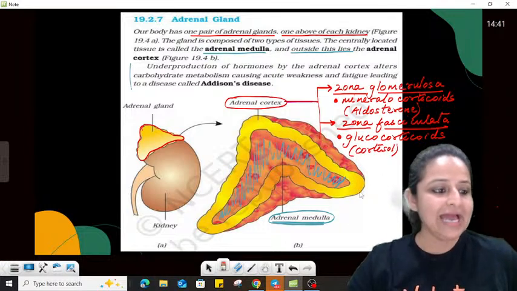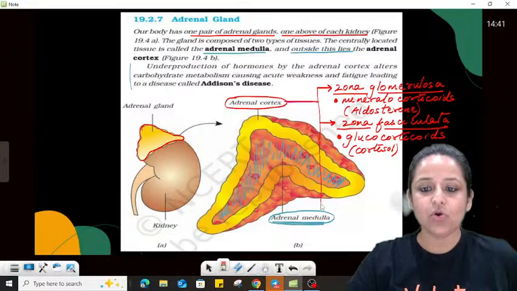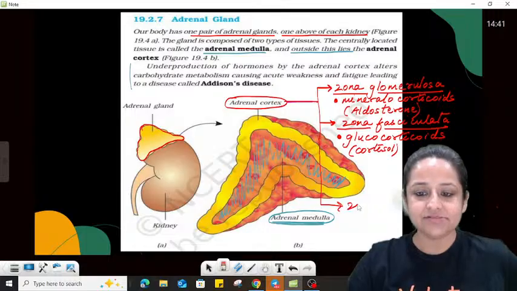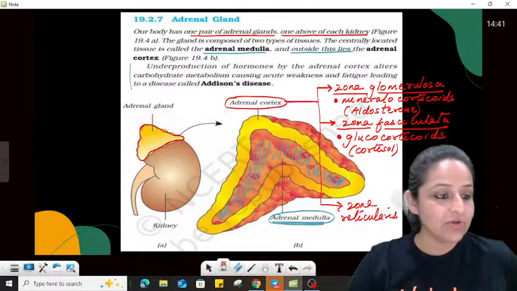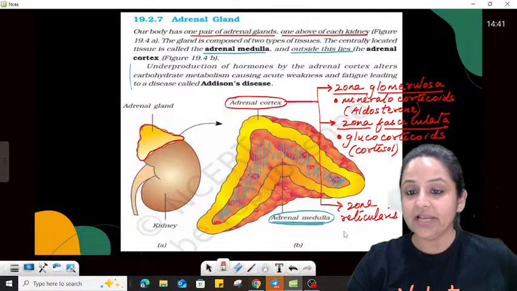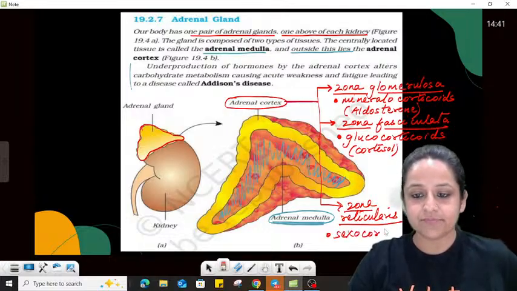And the last layer is called zona reticularis. What is zona reticularis going to do? It is going to release a type of hormones called sexocorticoids.